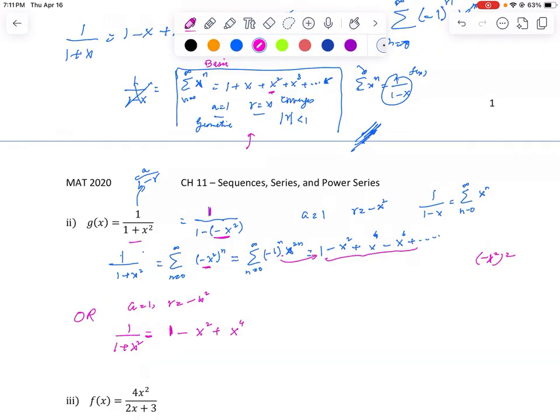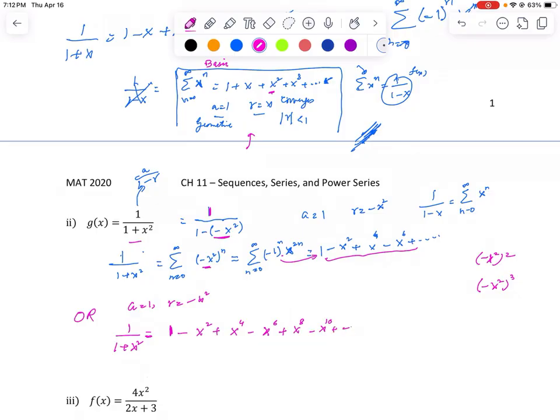Plus, now we are going to get negative x squared whole to the third. When you raise negative 1 to the third power, you get a negative sign, and the powers on x get multiplied, so we get negative x to the 6. Now you see the pattern. The next one will be plus x to the 8, and the next one will be minus x to the 10, and so on.